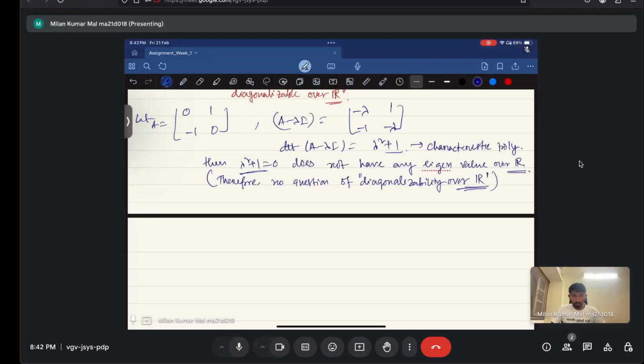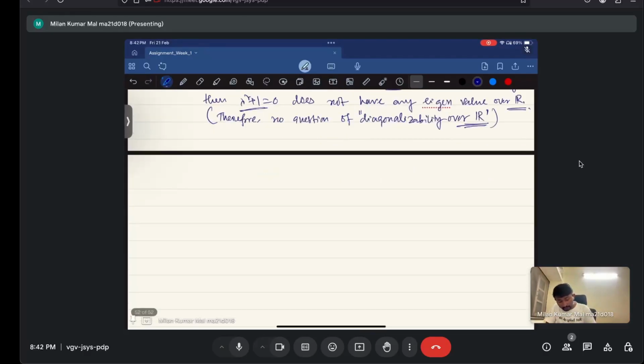That is a complex number, so there is no eigenvalue over R. So in that case it is not possible to be diagonalizable over R.